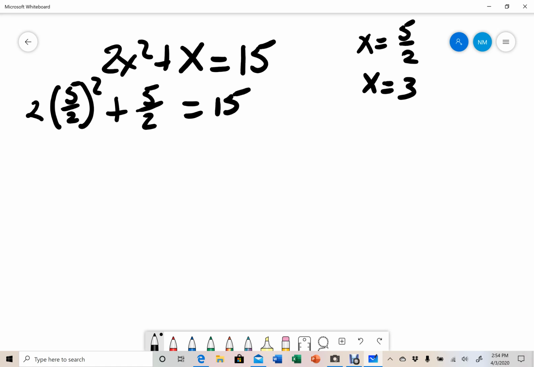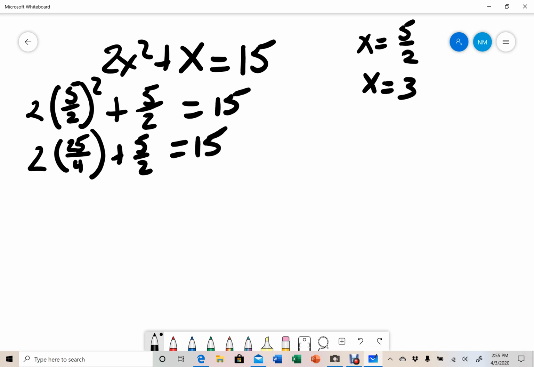So I go back to here. How do I square this? Well, squaring a fraction is just like squaring the numerator and squaring the denominator. So I've got 2 times 5 squared, which is 25, over 2 squared, which is 4, plus 5 over 2 equals 15. Now from here I can cancel out. 2 goes into 4.